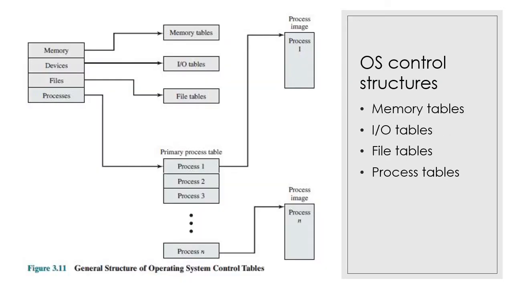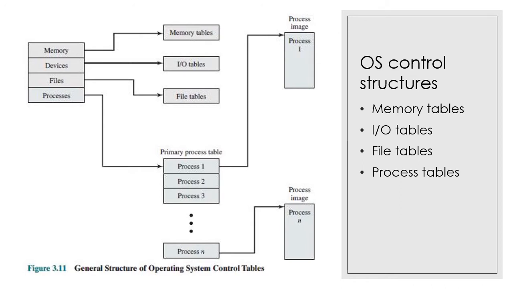The data structures that the OS uses to keep track of the system are shown here. Most OS have memory tables for memory management, I/O tables for device management, file tables for file management, and process tables for process management. We will talk about these tables one by one.